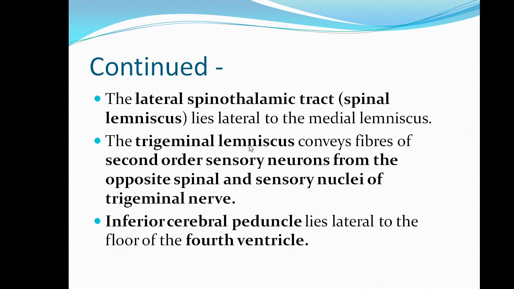The trigeminal lemniscus conveys fibers of the second order sensory neurons from the opposite spinal and sensory nuclei of the trigeminal nerve. The inferior cerebellar peduncle lies lateral to the floor of the fourth ventricle.